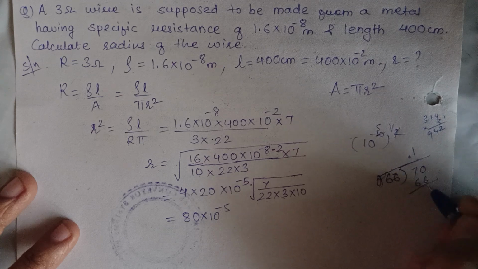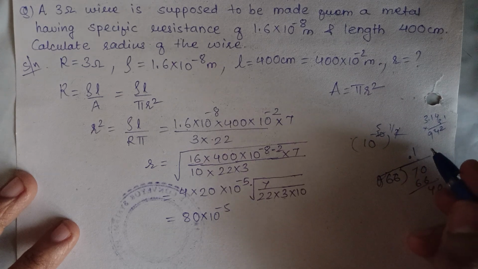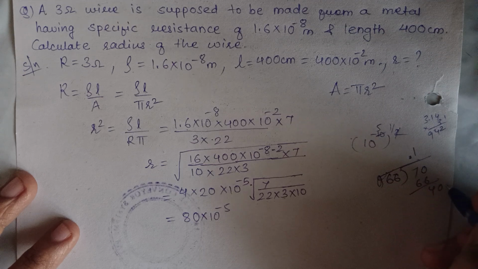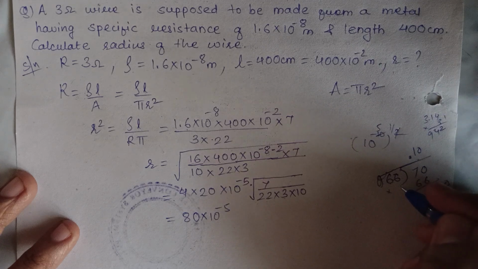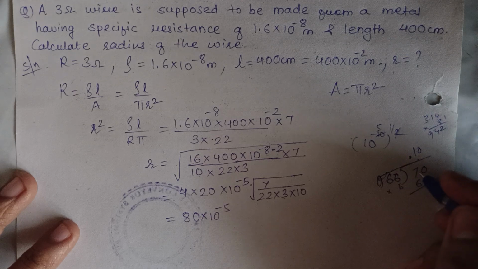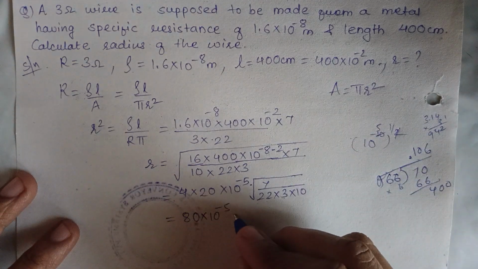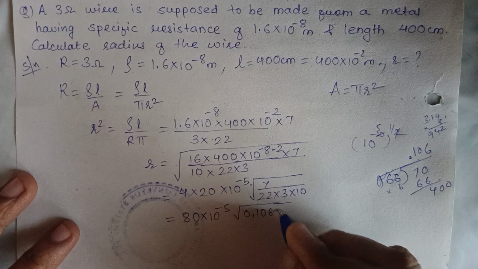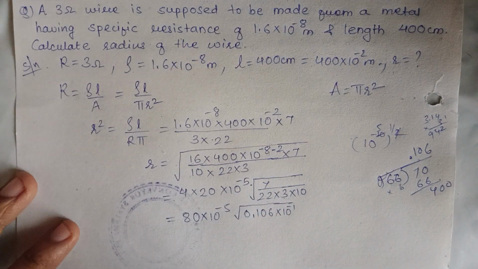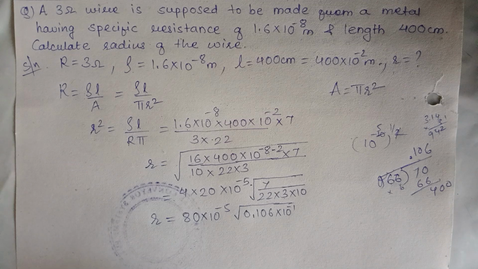Ones are 0, 6 are 0.106 into 10 raised to minus 1. Like this it will be. Okay, this is our radius.